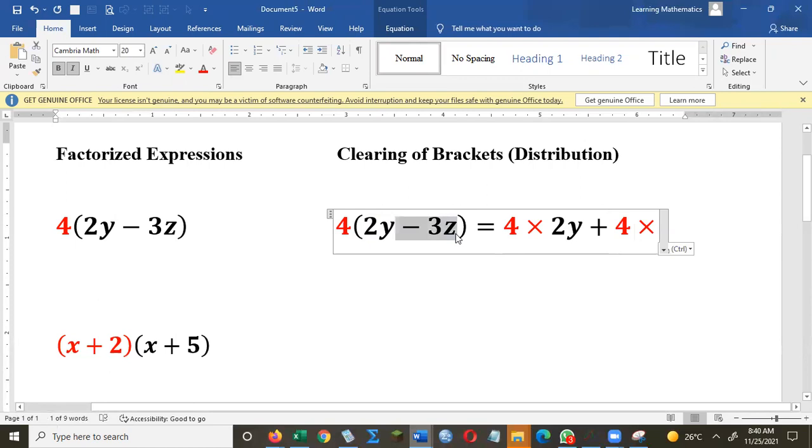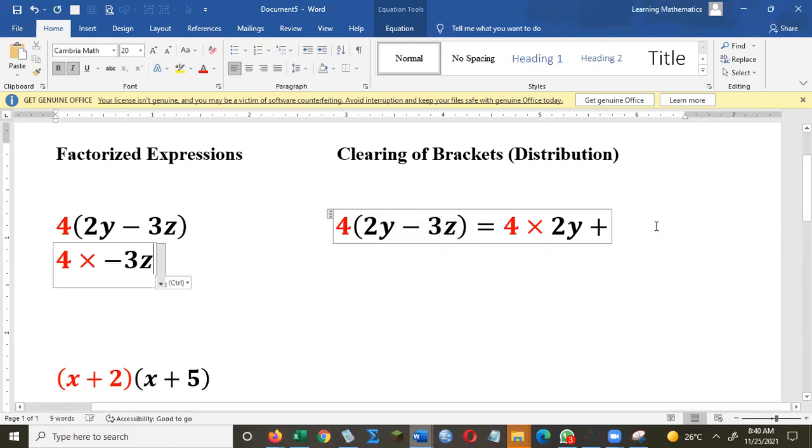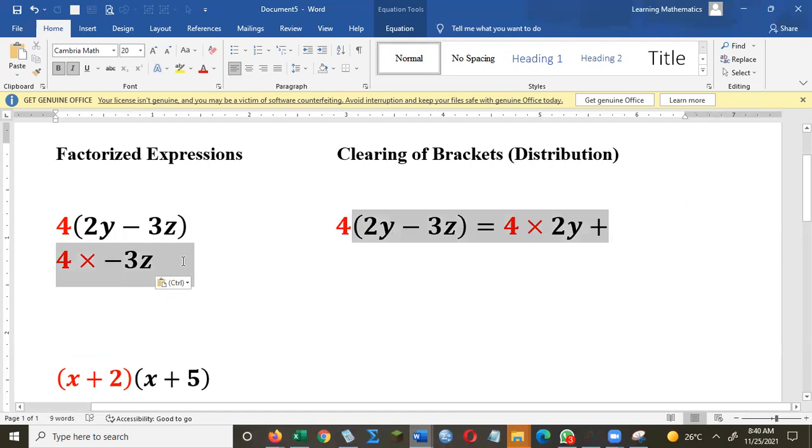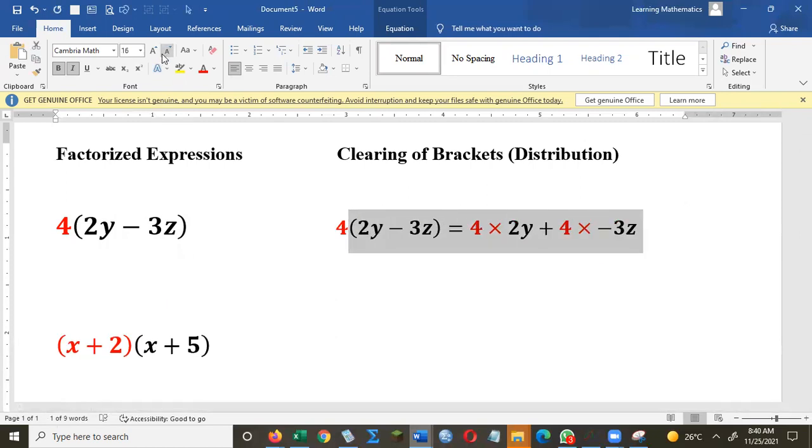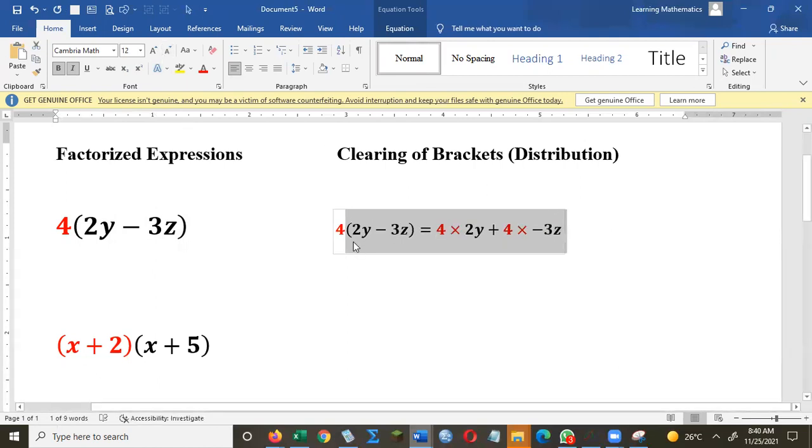The negative 3z. It has to distribute. Look at the arithmetic we do in algebra. So replay that again a couple of times. That 4 has to multiply to 2y, and it has to multiply to minus 3z. Distribution.